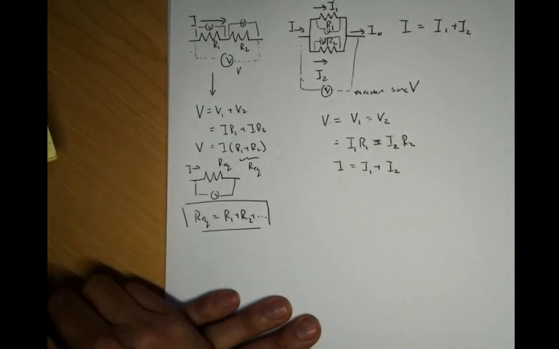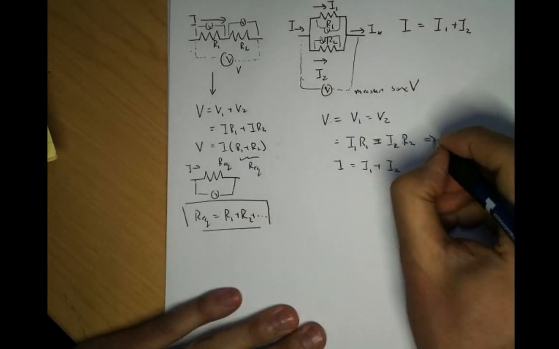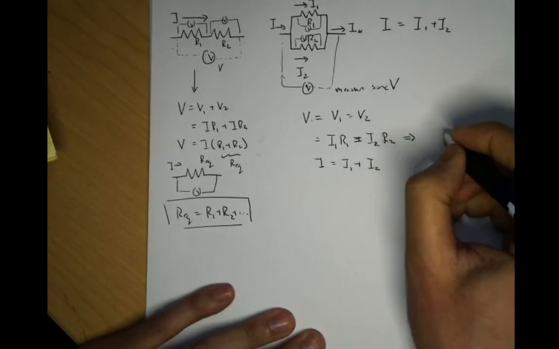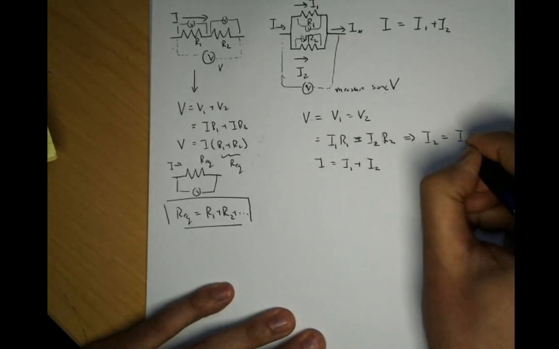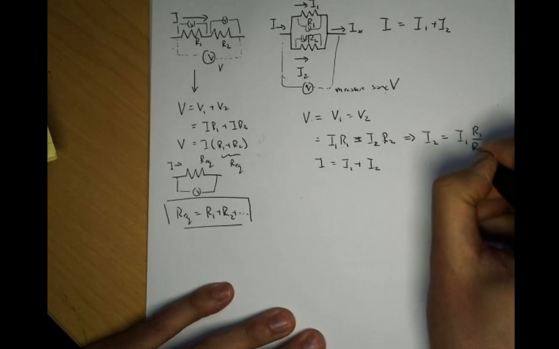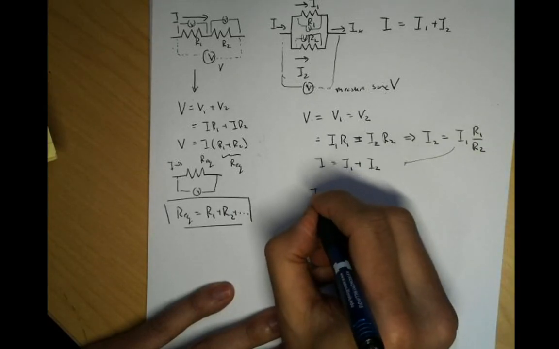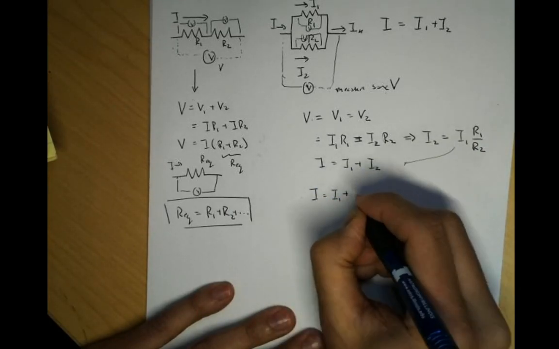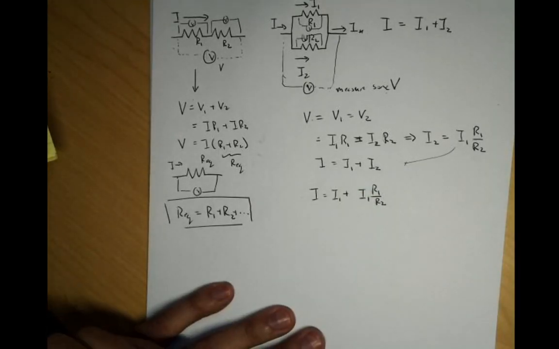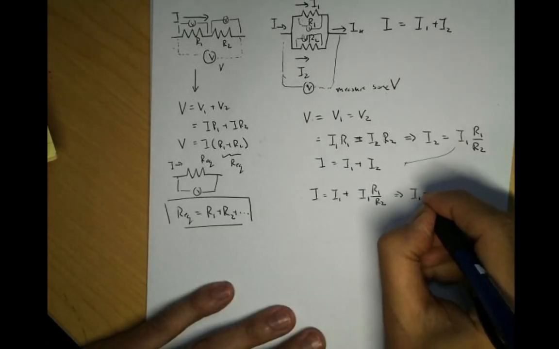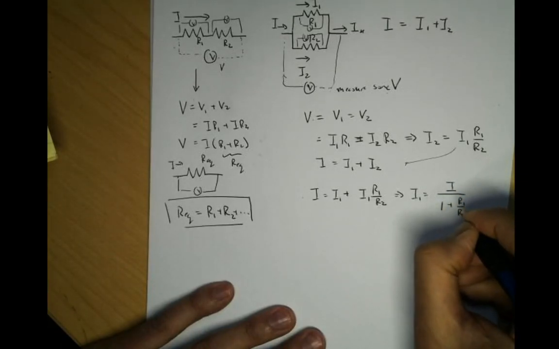This implies that I2 is equal to I1 times R1 over R2. Putting this in, I is equal to I1 plus I1 R1 over R2, so you can compute I1 as I over 1 plus R1 over R2.